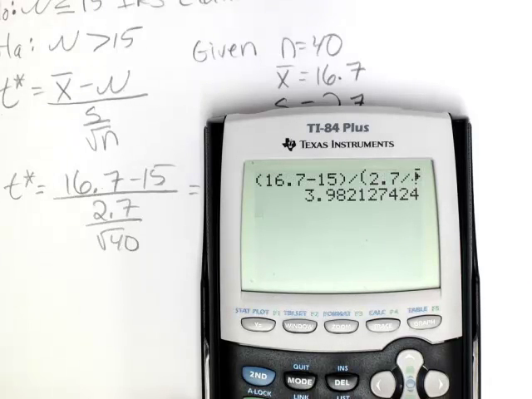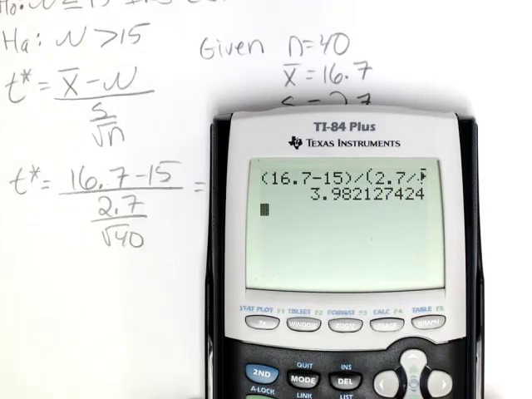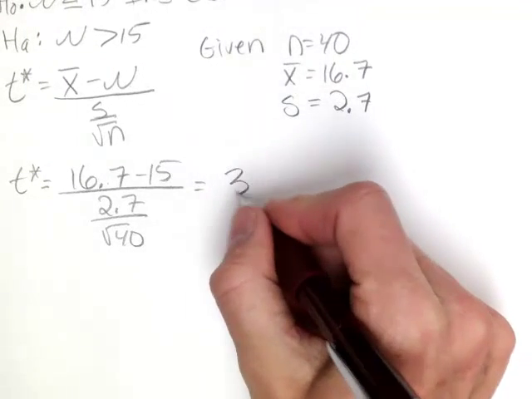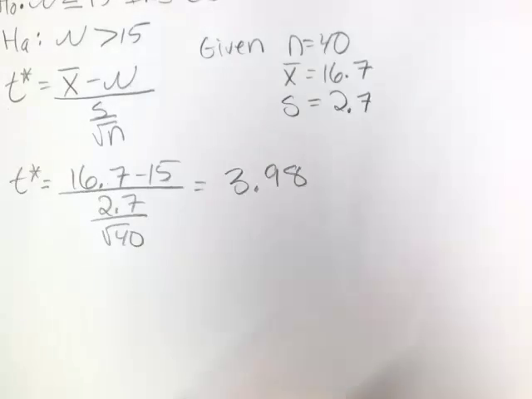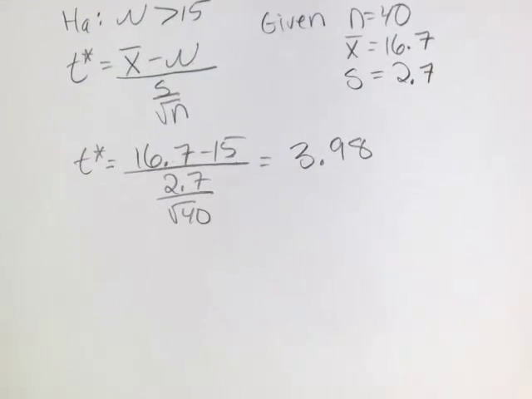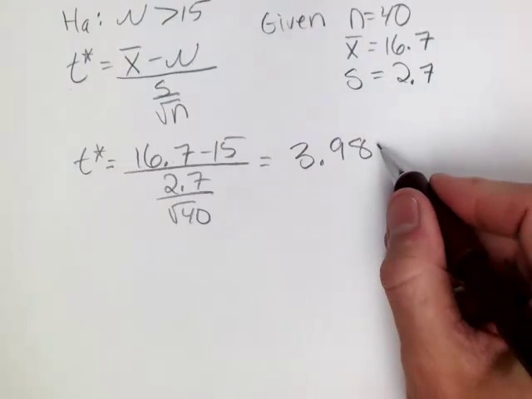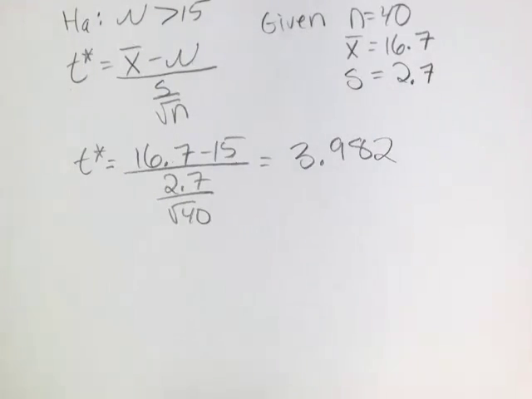Our test statistic is about 3.98. Again, you need to round as you're told to round in the homework in my stat lab. I'll just carry it out one more decimal place, 3.982.